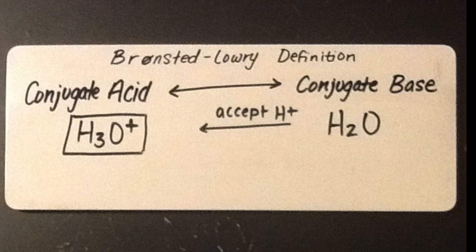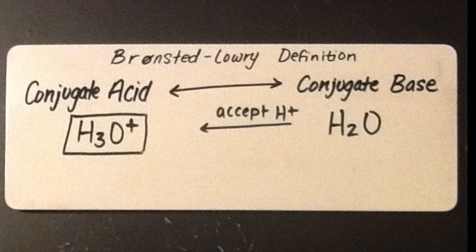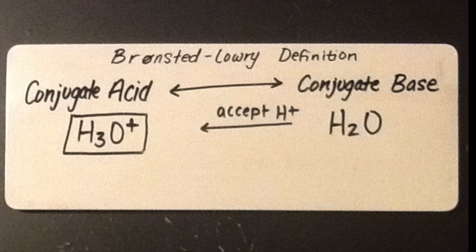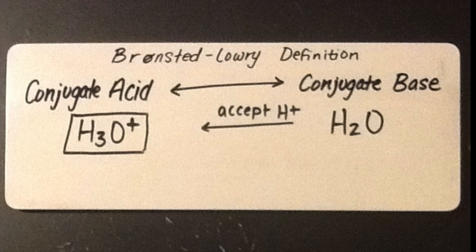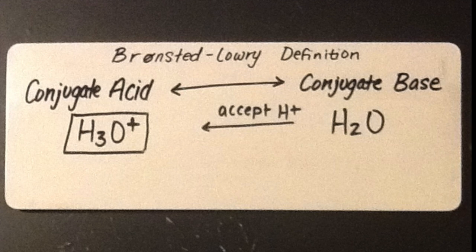Now we're going to see it in the opposite direction. What if we start out knowing something's a base, and we need to figure out what its conjugate acid is going to be? We know water is what we call amphoteric. We saw one example where it acted like an acid, but it can also behave like a base. If we are told it's a base, bases accept protons, they take in H+, so they're going to gain H+ instead.